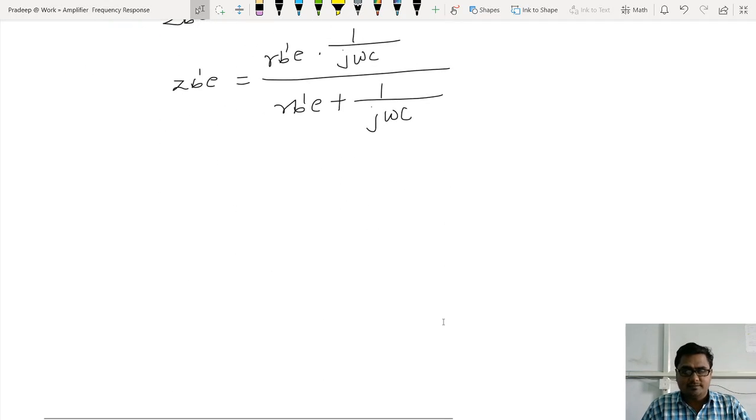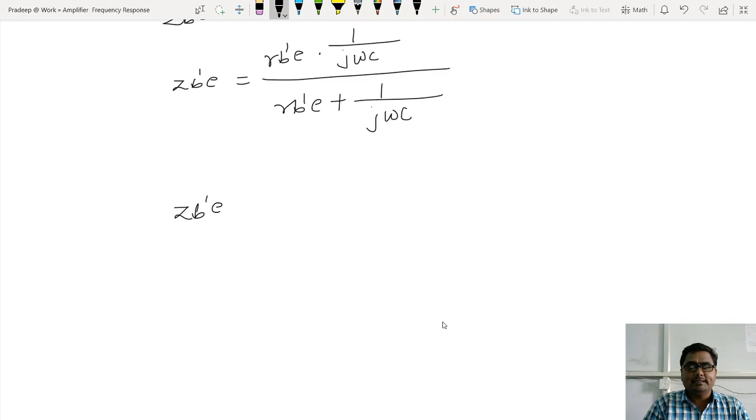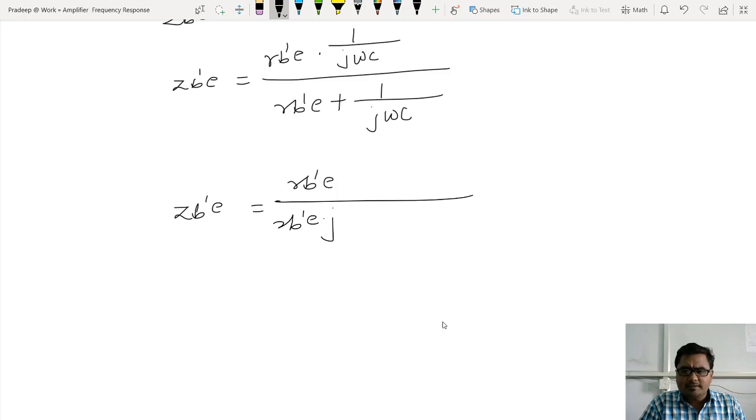If I solve this further, then what am I getting? The value of ZB'E will be RB'E divided by RB'E multiplied by j omega C plus 1.